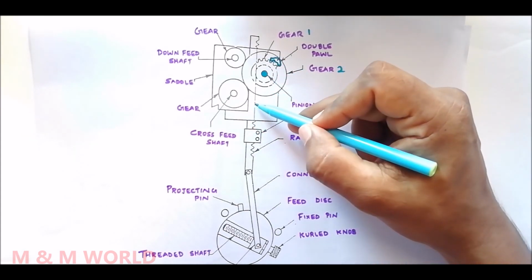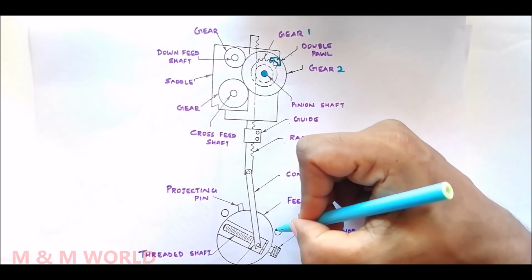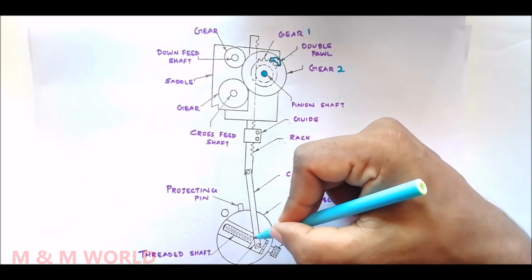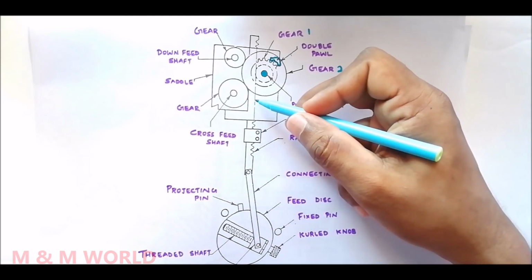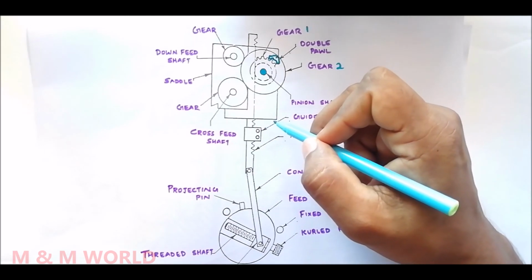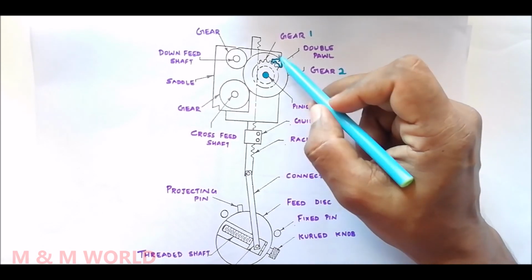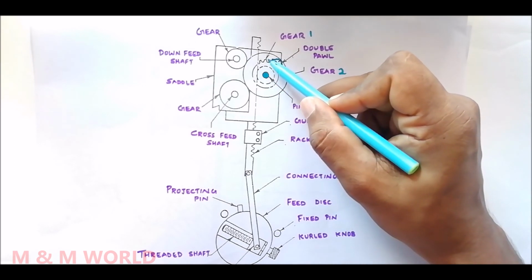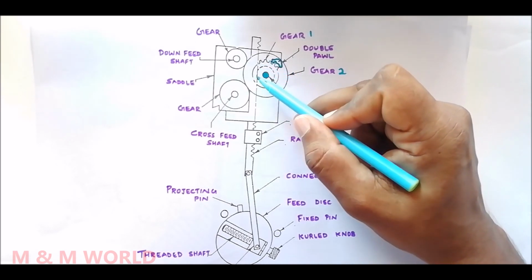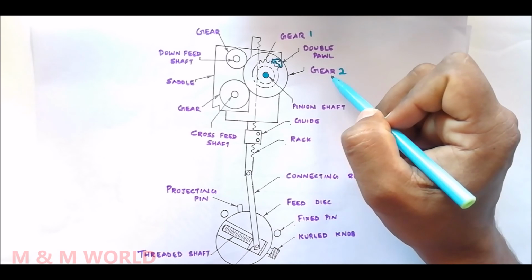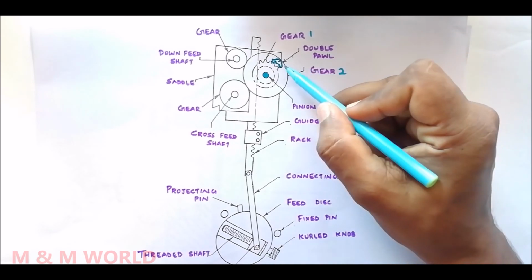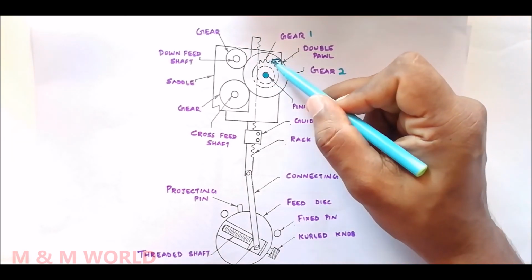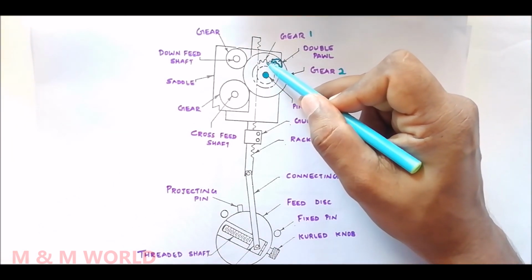And when the rack is moving downward, gear 1 will rotate in the anti-clockwise direction and no motion is transmitted to gear 2, since the pole will slip over the teeth of gear 1.